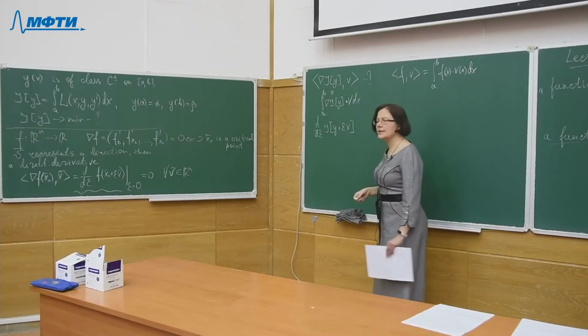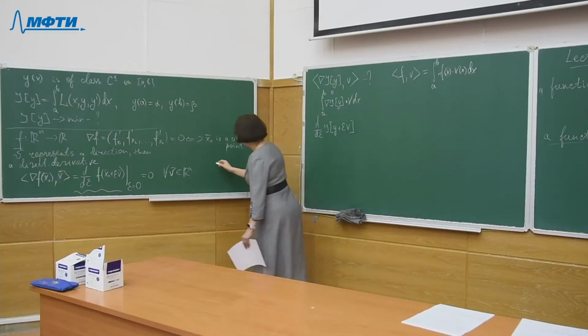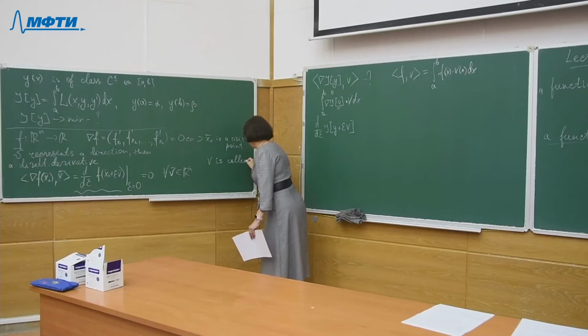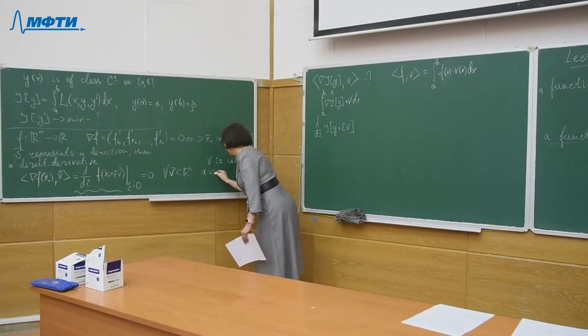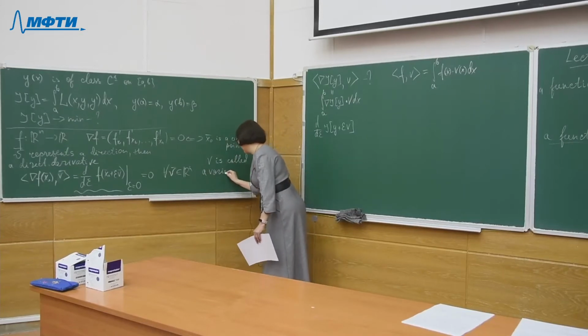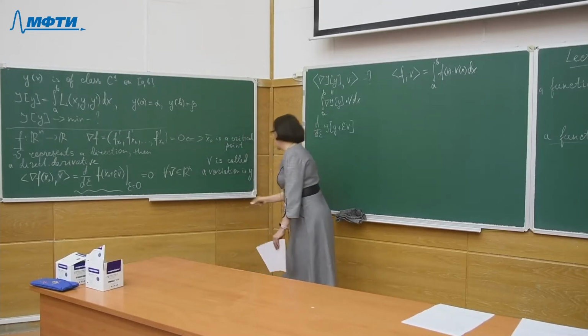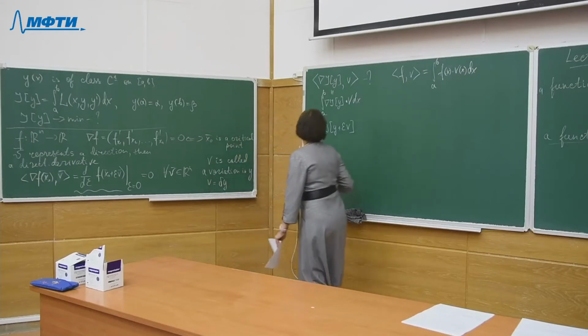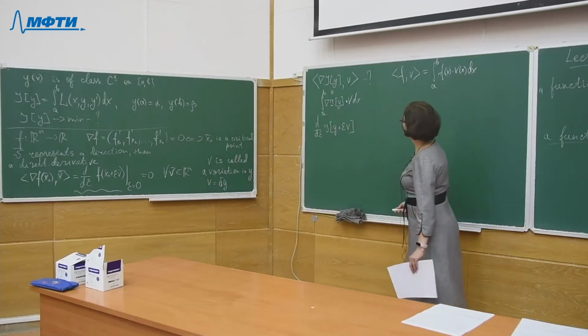So v is called a variation in y, because we vary y. Sometimes it is denoted by delta y, but we will denote it by v.